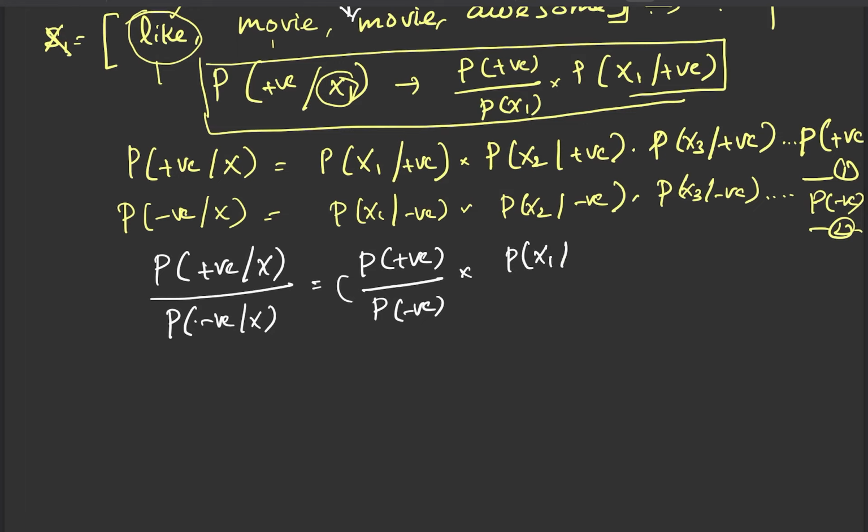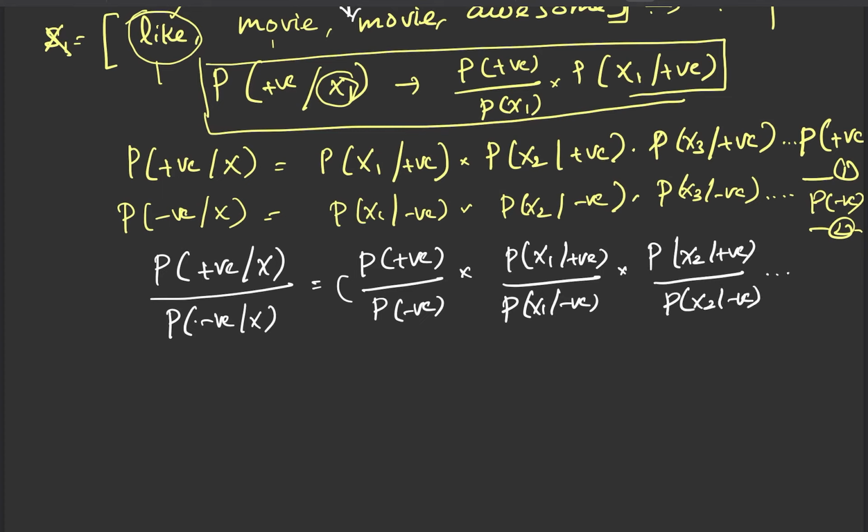The probability of x1 for positive over the probability of x1 for negative, multiplied by the probability of x2 for positive over the probability of x2 for negative, up to the number of words in the given sentence.